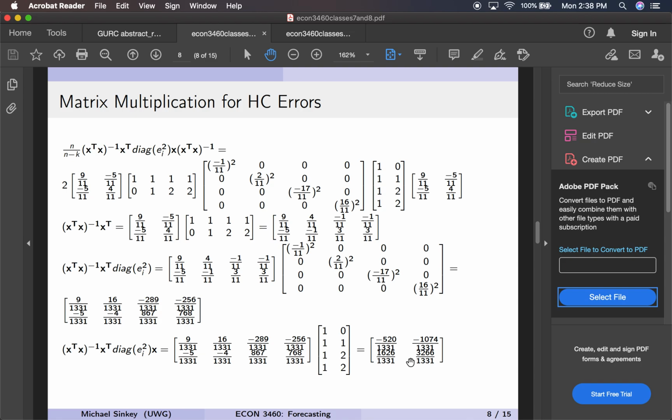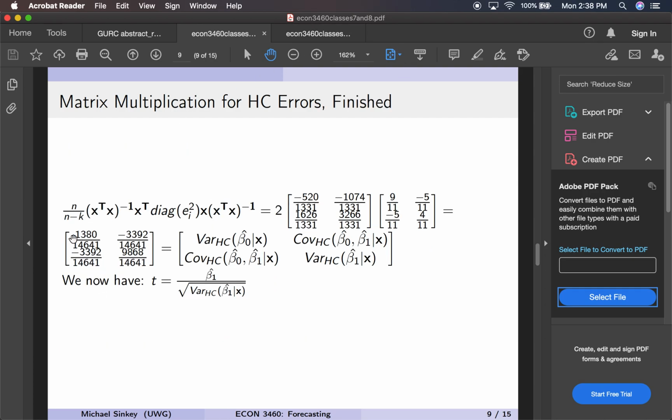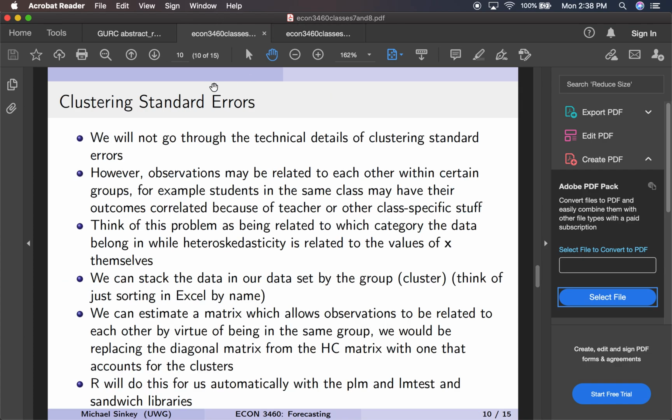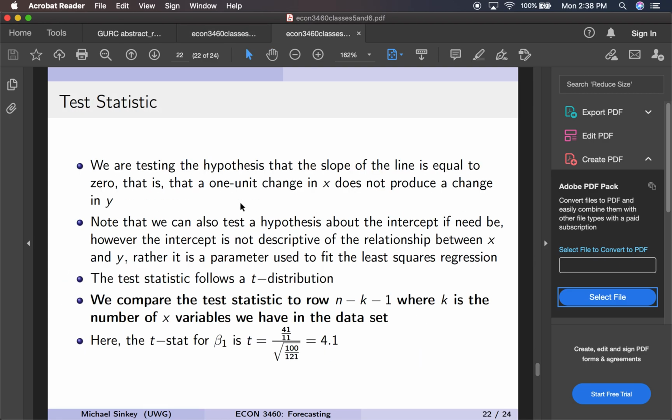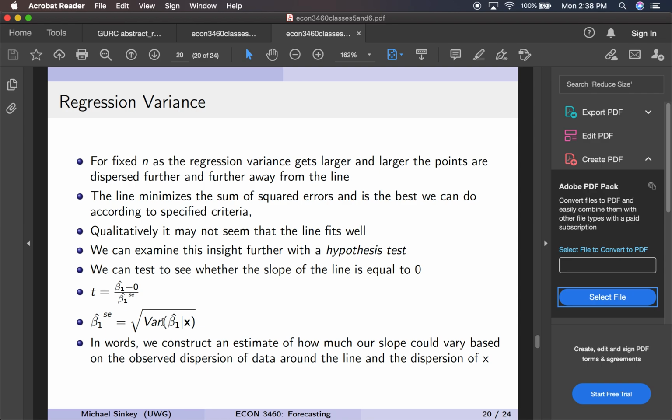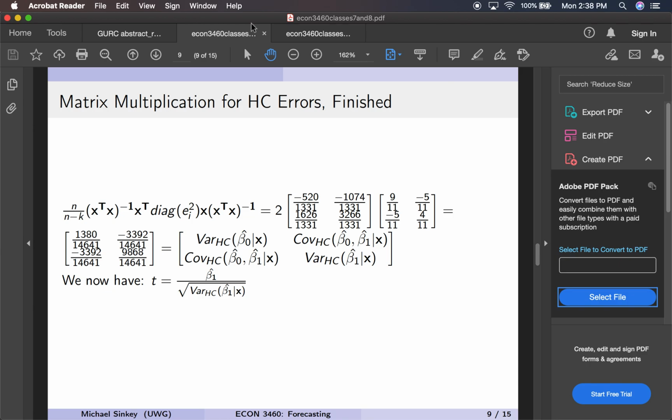You can see that our standard errors went up a little bit for some values of x here. And we just take the square root of this and we have a new test statistic compared to the old test statistic that we had previously. So basically the heteroskedasticity-consistent standard errors are a tool to correct for the possibility that x and the error term are related to each other.